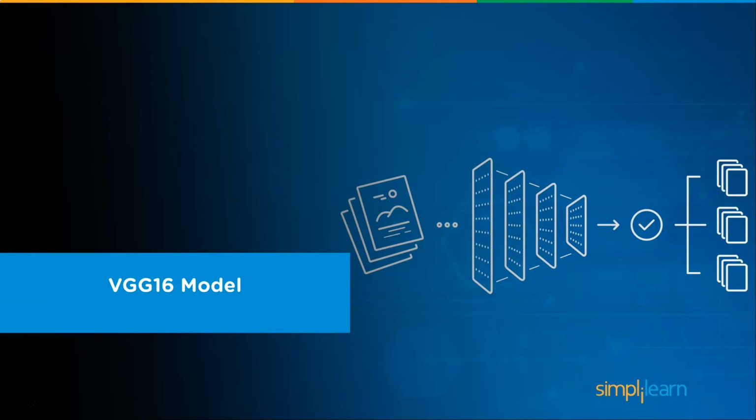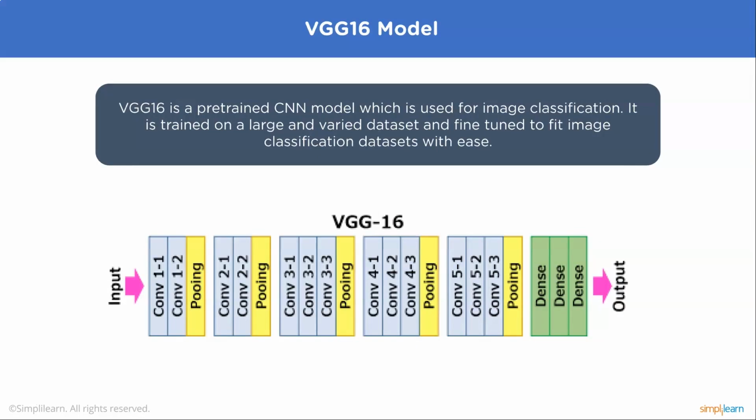And the VGG16 model. VGG16 is a pre-trained CNN model which is used for image classification. It is trained on a large, varied data set and fine-tuned to fit image classification data sets with ease. You can see down here we have the input coming in, the convolutional layers 1-1, 1-2, and then pooling.